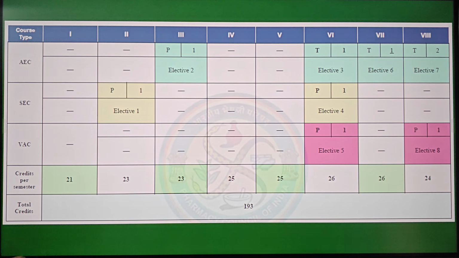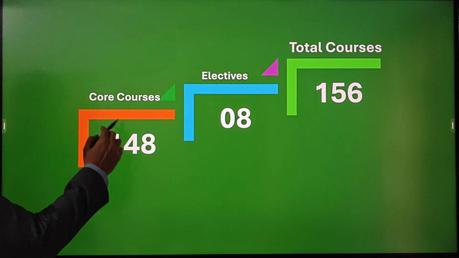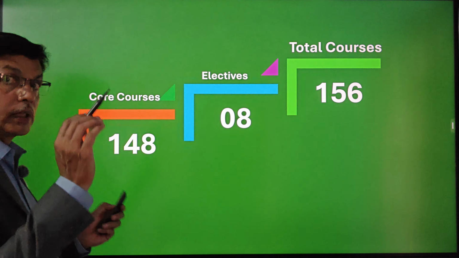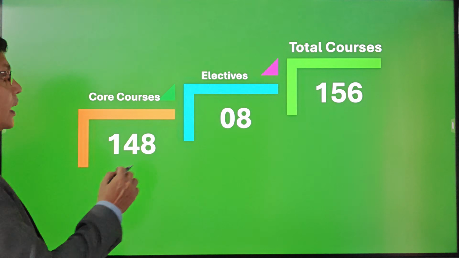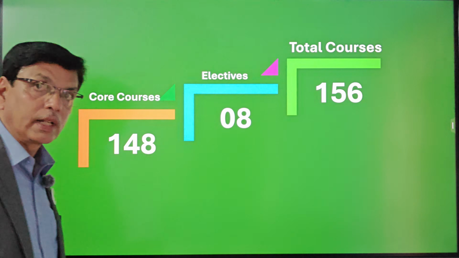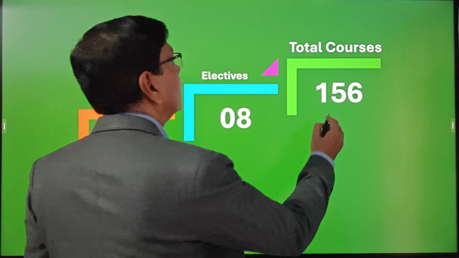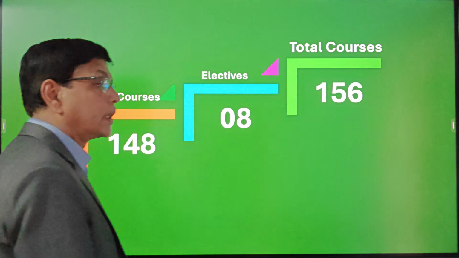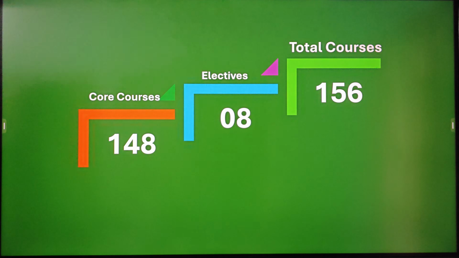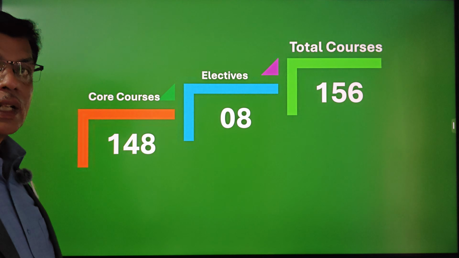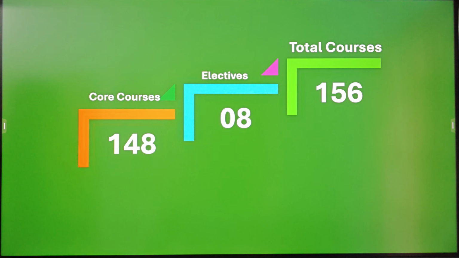As I said, there are 48 core courses altogether, from the first semester to the 8th semester, and 8 elective courses altogether. So there are 56 courses one has to study and earn 193 credit points to get the B Pharma degree.